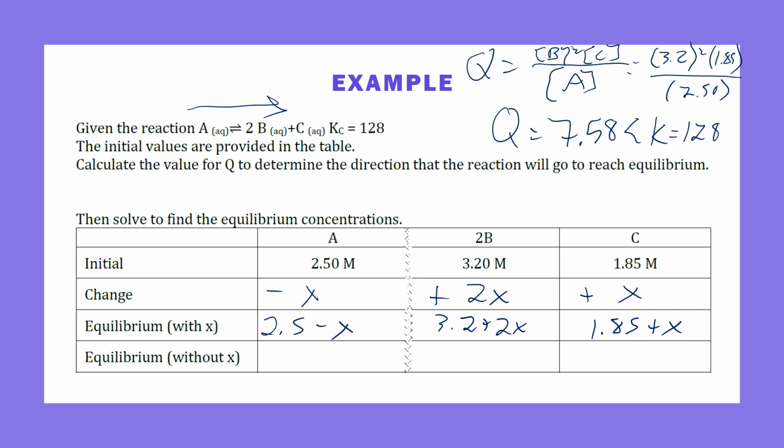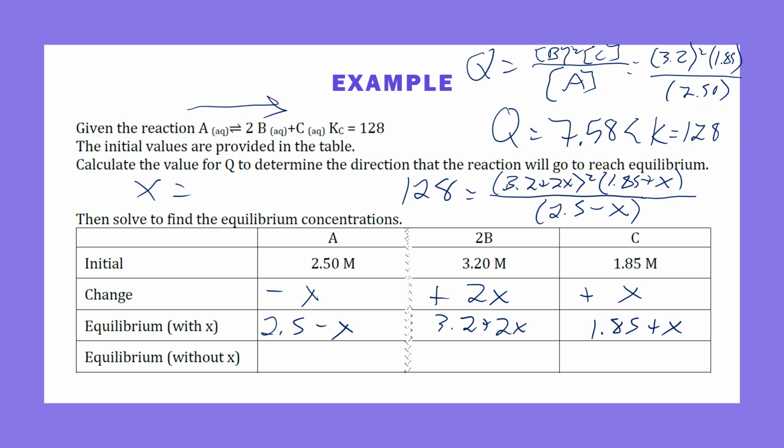Let's go ahead and plug that into our equilibrium expression. So 128 is equal to products, 3.2 plus 2x squared times 1.85 plus x, all over 2.5 minus x. And when you solve for x, you get that x is equal to 1.48.